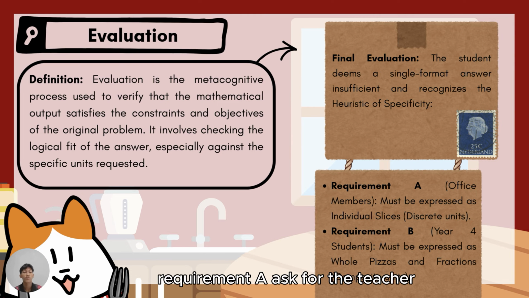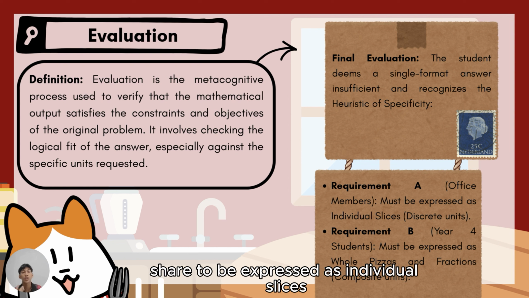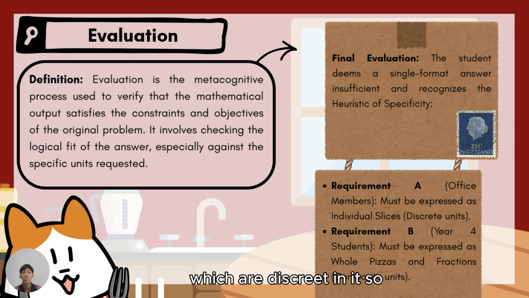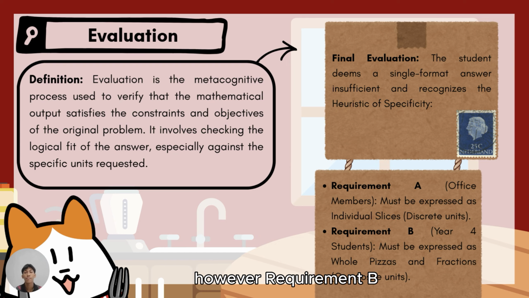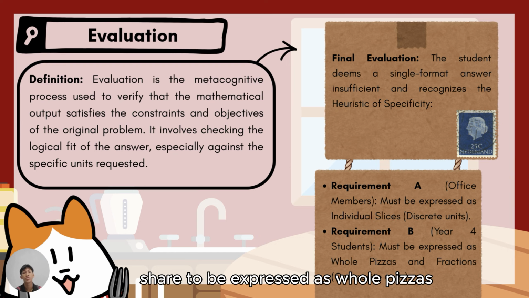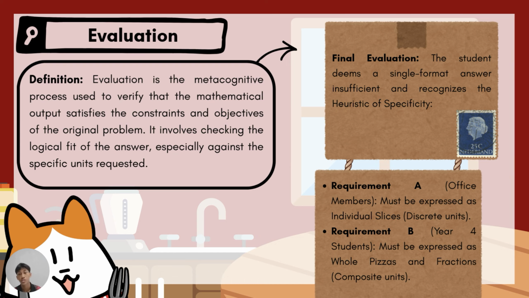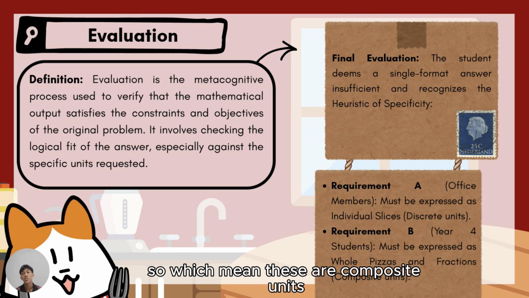Requirement A asks for the teacher share to be expressed as individual slices, which are discrete units. So 25 slices is the correct formulation for the teachers. However, requirement B asks for the Year 4 students' share to be expressed as whole pizzas and extra slices, which means these are composite units.